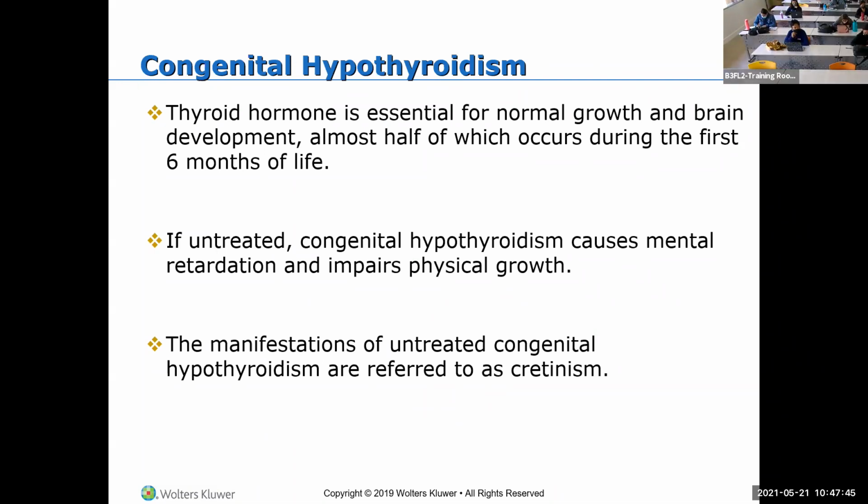Thyroid hormone is essential for normal growth and brain development. I said three things: physical, mental, reproductive. Is that correct? That's over here. The thyroid hormone is essential for normal growth and brain development, and almost half of which occurs during the first 6 months of life.